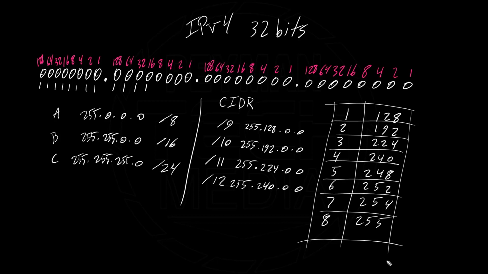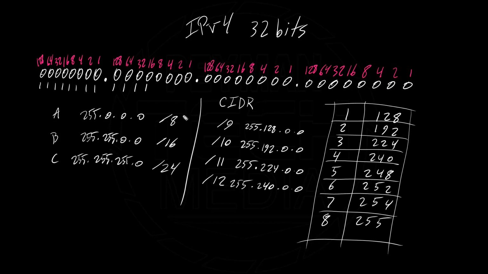For example, let's take A, B, and C, and add 5 bits to all of them. 8 plus 5 should be 13, right?